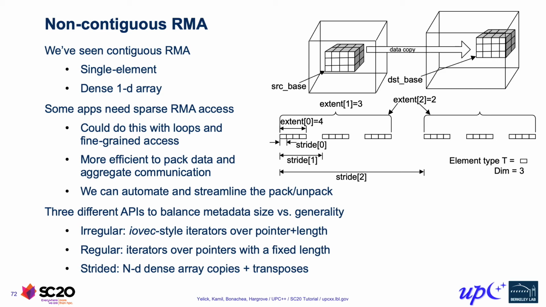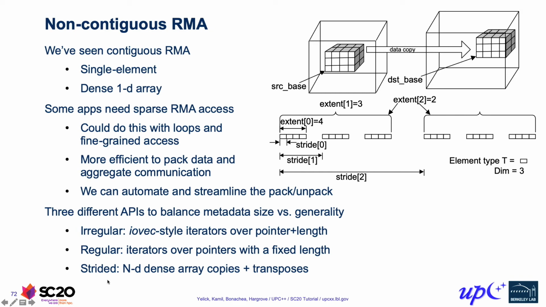So we have several different versions of non-contiguous RMA that, underneath the hood, try to pack it and pipeline the data transfer as efficiently as possible. So we provide 3 different APIs. The first is an IOVEC style set of iterators over pointers plus length. So this provides the most generality, but it pays the highest metadata cost. We have regular, which is iterators over pointers with a fixed length.